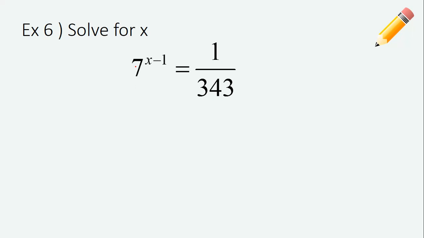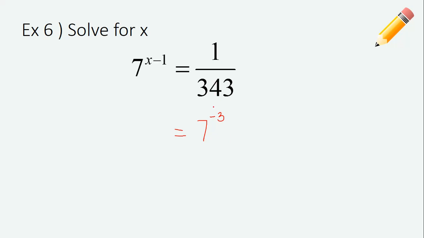And I look on my yellow card, I notice that 343 is 7 cubed, right? So then this itself, that's not 7 cubed though, that would just be 343. But since it's a fraction of 1 over that number, what I can make this turn into is 7 to the negative 3 power. That's equal to 1 over 343.